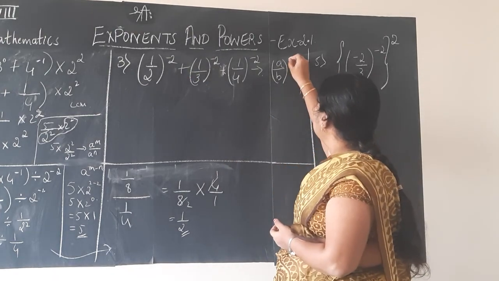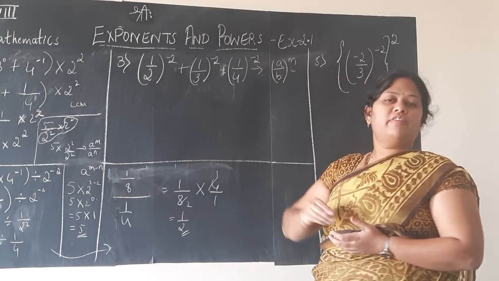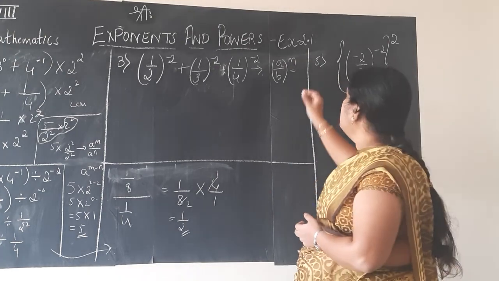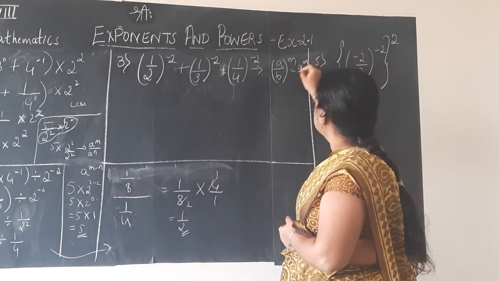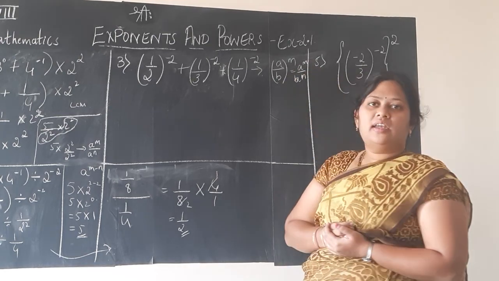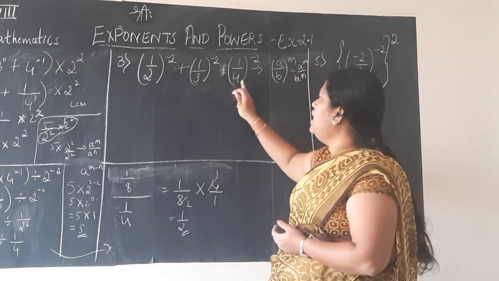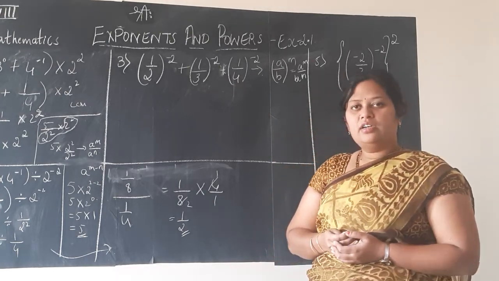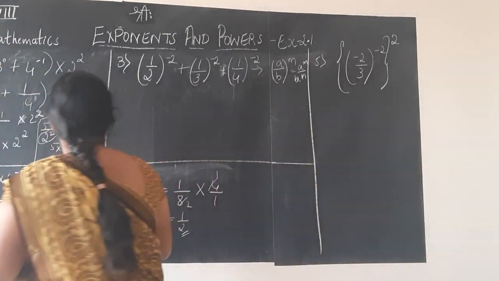Isn't it of the form of a by b whole power m? Then I can write it as a power m divided by b power m. For each term a and b values are different, so be careful when you write.